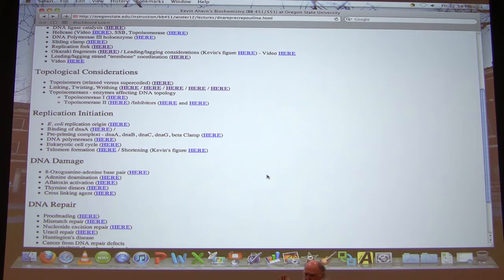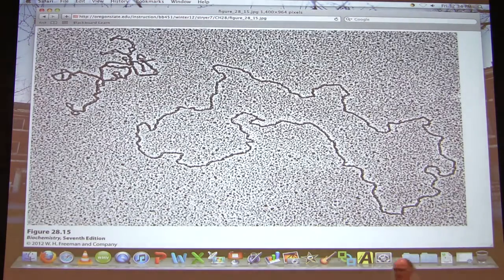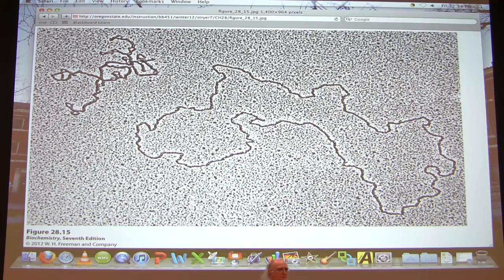Type 1 topoisomerase. Let's imagine I'm back here with this one. This one is all kinked up. It's got 10.5 base pairs per turn, but that writhing has really made the overall molecule be in a very different configuration than this one. How did we go from this one to this one?